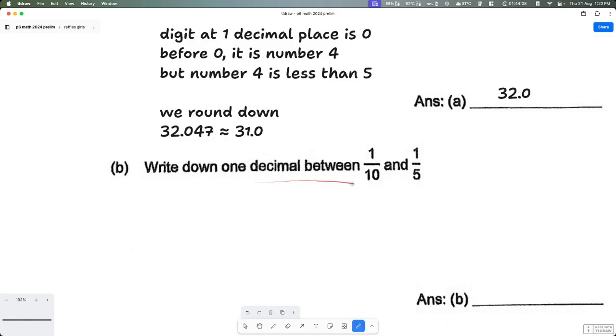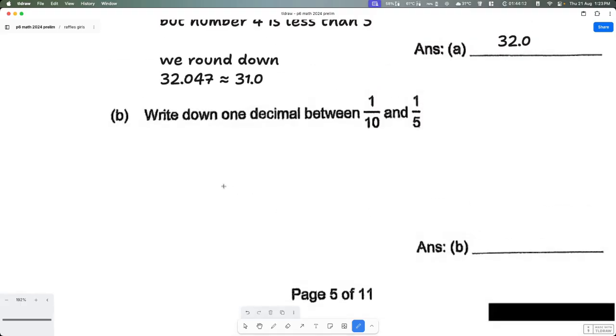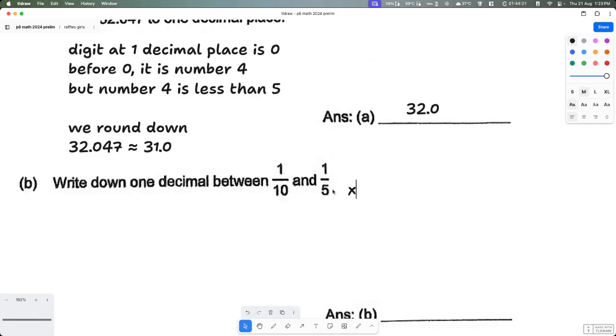Write down one decimal between 1 out of 10 and 1 out of 5. Okay, so we know 1 out of 10 and 1 out of 5. What we can do is multiply this by 2, it will just be 2 out of 10, which doesn't really do anything. So let's have 10 and 5 and use a denominator of 20.